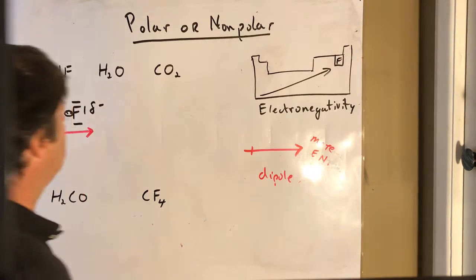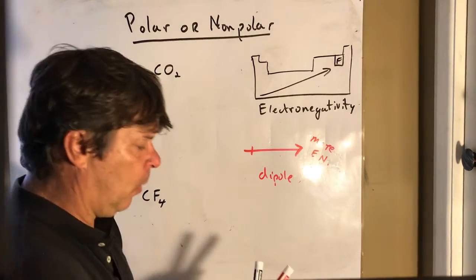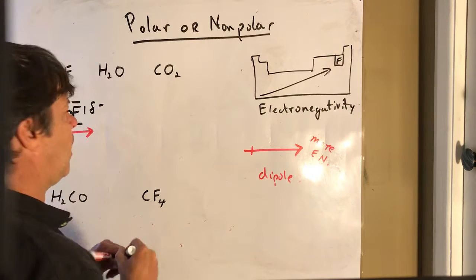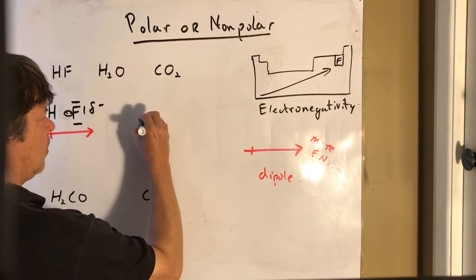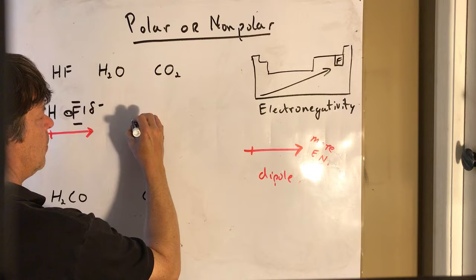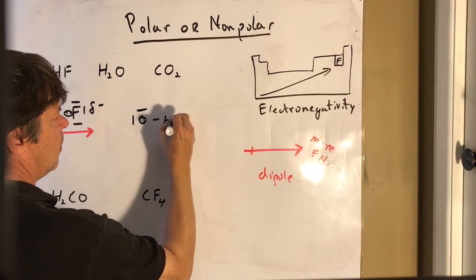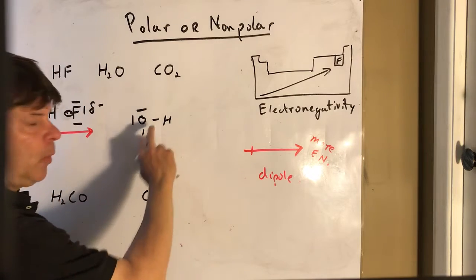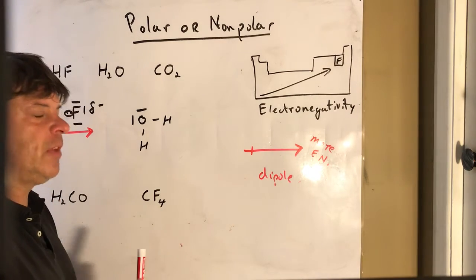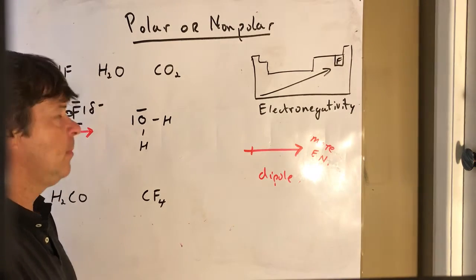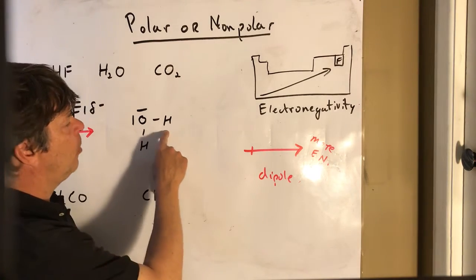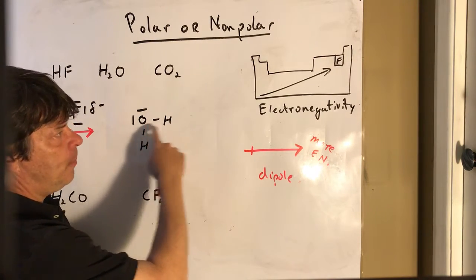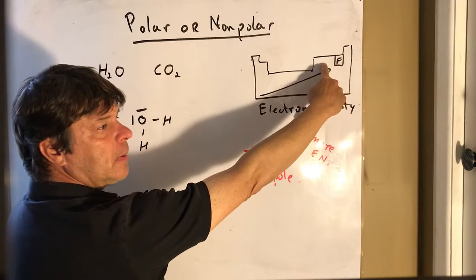A dipole. Let's look at water. We know water is polar. So let's look at the Lewis dot structure. Looks like this. Let me draw it like this. Okay, so we have 2 covalent bonds here. Let's draw a dipole for each covalent bond. So, which one's more electronegative? Oh, well, oxygen's right here.